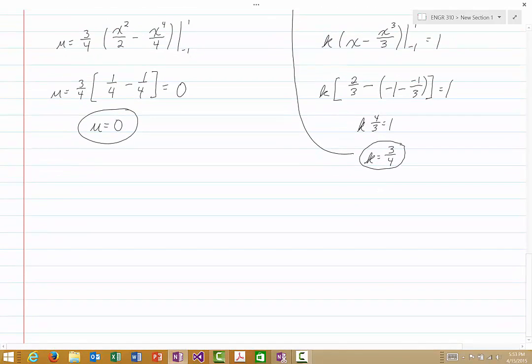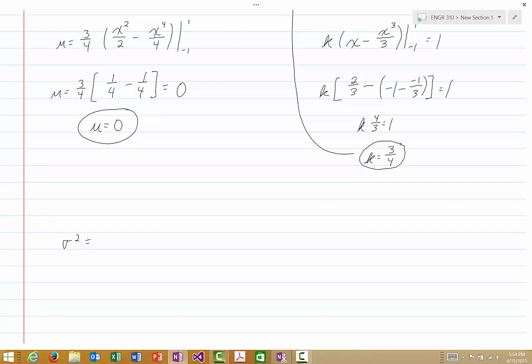And now let's calculate the variance. Again, the calculation, just like the calculation of the mean of a continuous random variable, is very similar to the calculation of the mean of a discrete random variable. You just replace summation by integration.